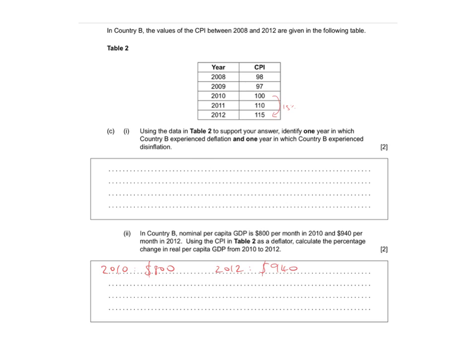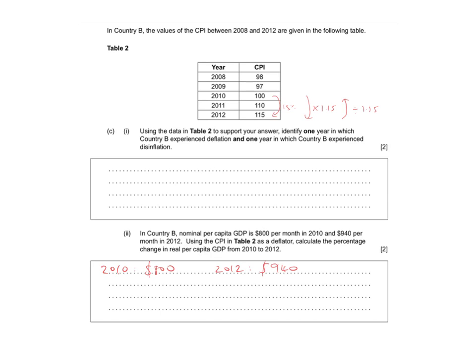Now, if we were working out a percentage increase from 2010 to 2012, we would take the price level in that year and times it by 1.15 to indicate that 15% increase. So if we want to go back in the other direction to deflate our nominal value, then we just need to do the reverse. So we need to divide by 1.15.